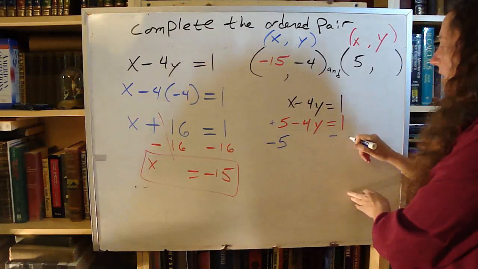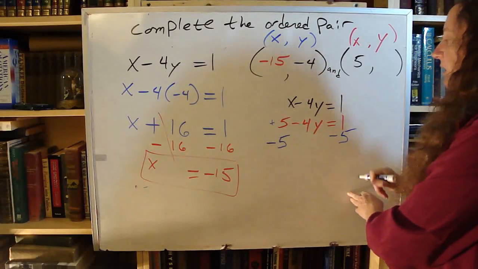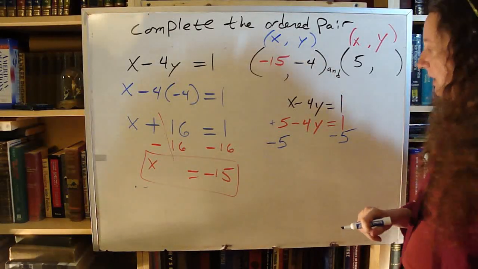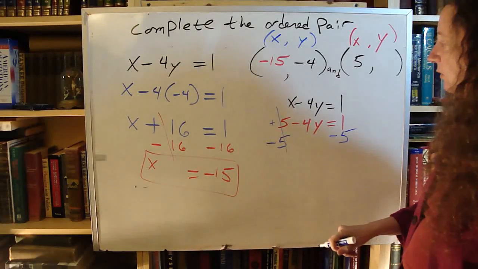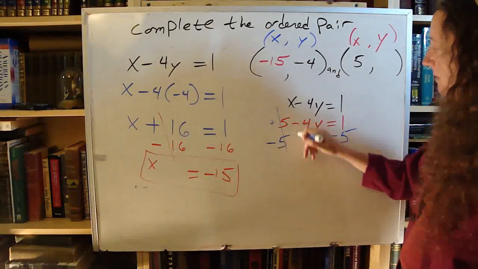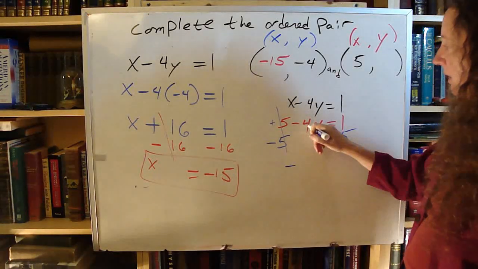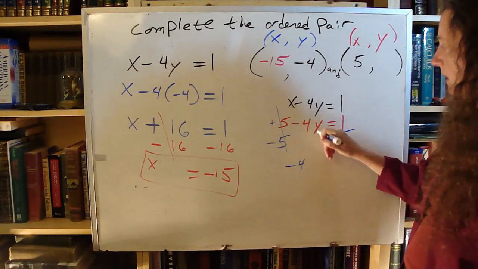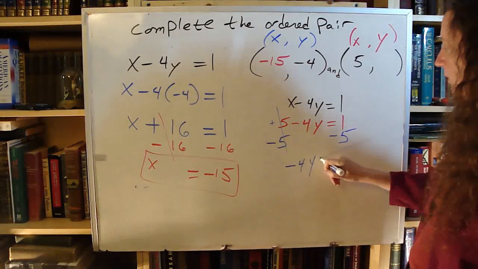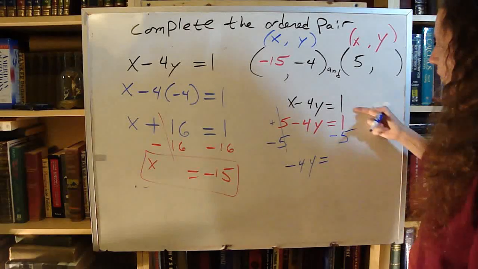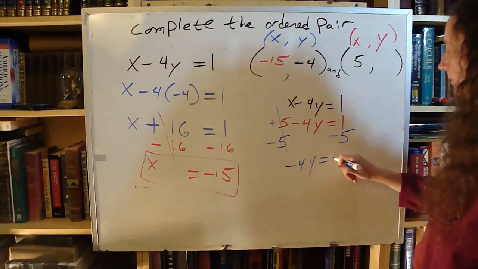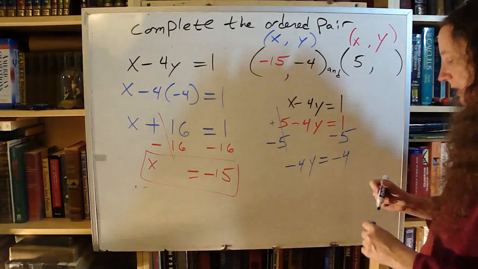What I do on one side of the equal sign, I need to do exactly the same thing on the other side. Now my 5 cancels 5, carry down my minus sign, carry down my 4, carry down the y, the equal sign, and work out 1 minus 5 is negative 4.